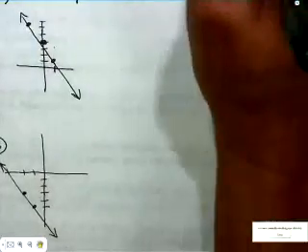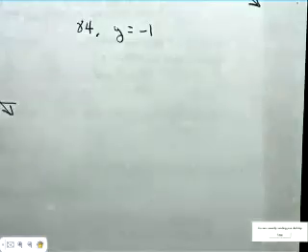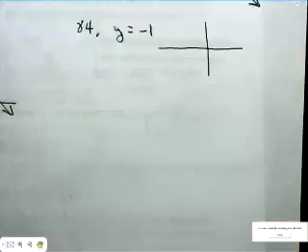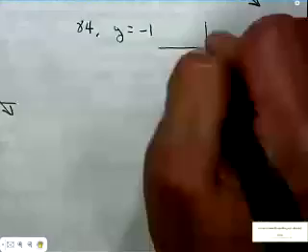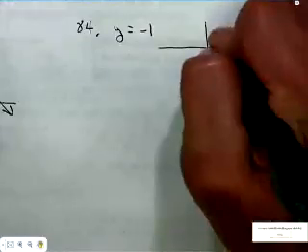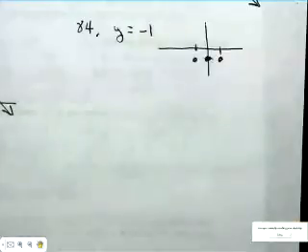84 is the line y equals -1. Even if you forgot Hoy and Vux completely, think about all the ordered pairs where y is -1. Well, certainly y is -1 right there. That's the point 0, -1. But I could also plot the points 1, -1, and -1, -1.